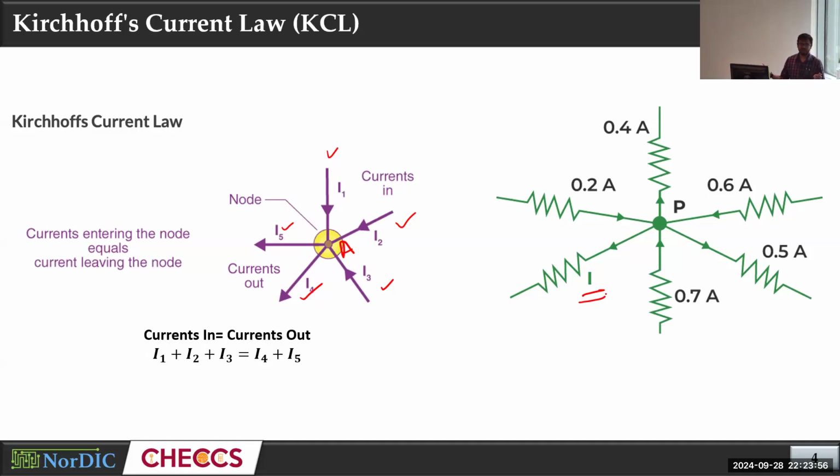We're not counting that part right now. Currently, since we know the value of current, because for applying Kirchhoff's current law we need the value of current that's entering and that's leaving. We will see another complex example. This is a very simple example where we know the currents already. If we don't know the currents, then we will have to use the value of resistors and other things. But for now, since we know the value of currents, we can simply use the formula.